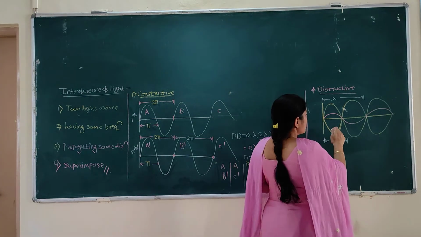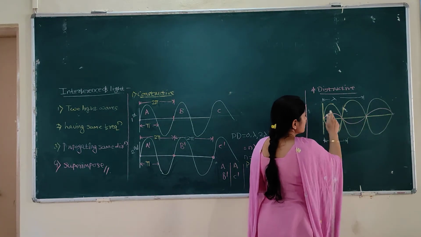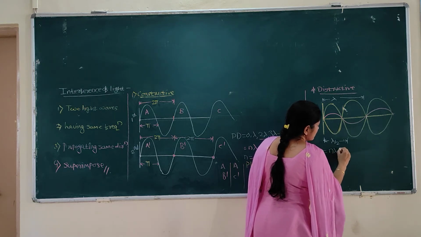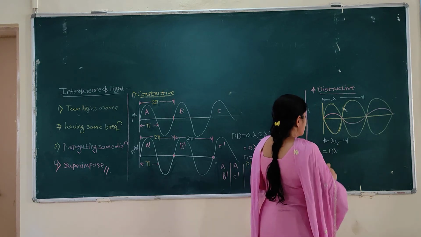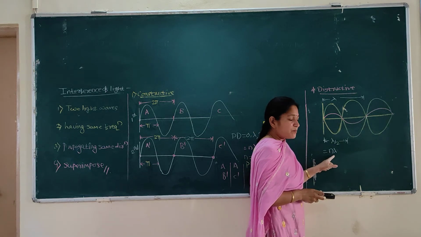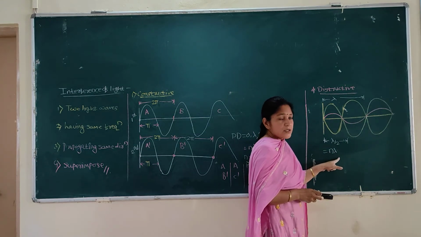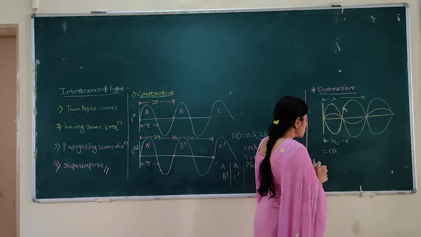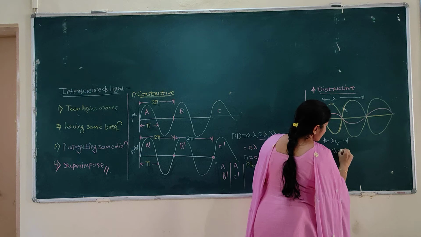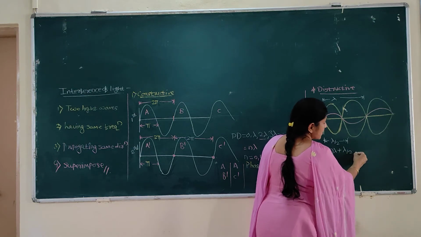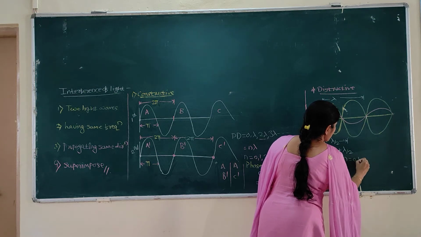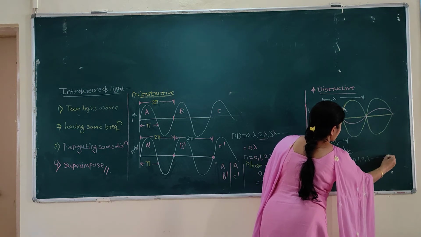So, for n number of waves, we can write path difference is n lambda. So, for destructive interference, total path difference we can write n lambda plus lambda by 2, where this n is equal to 0, 1, 2, 3 and so on.